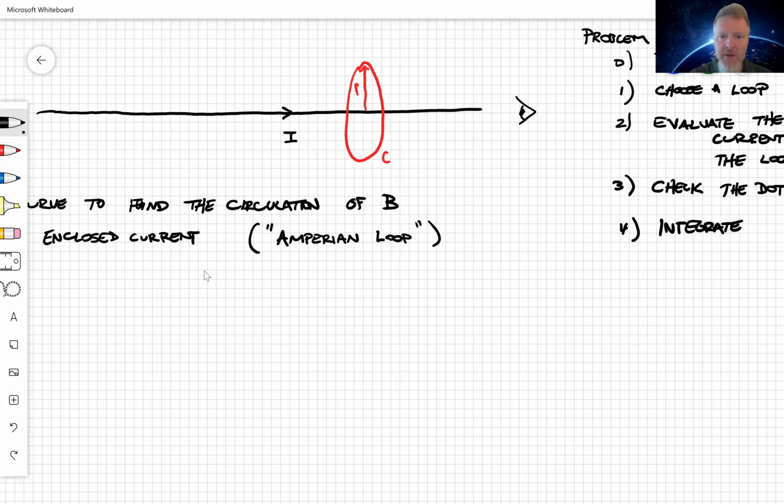So the edge view would look like the current coming out of the page at you. And then my Amperian loop is like that. That's R.